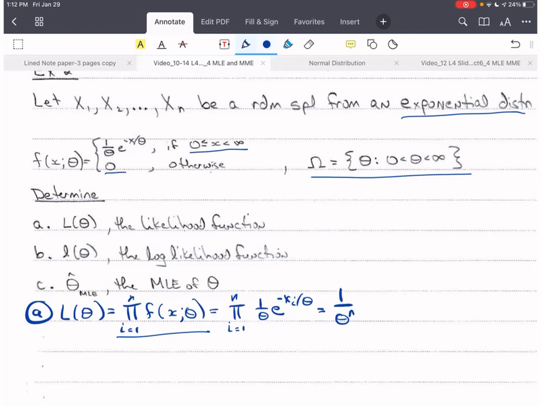Okay, and then I have all of these exponents that I need to add together because it's e raised to the xi over theta. So this is going to be e to the negative sum of xi divided by theta. And then this is going to be for theta, because it's a function of theta. Theta is greater than 0.